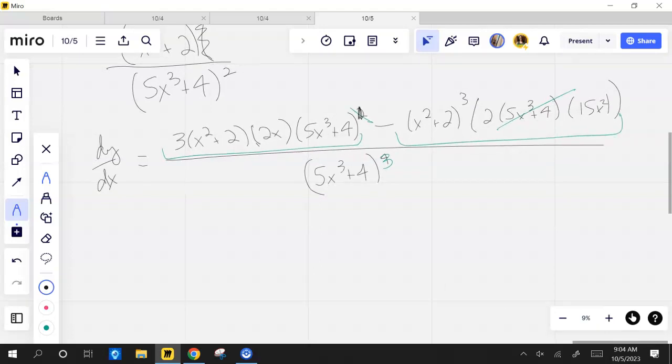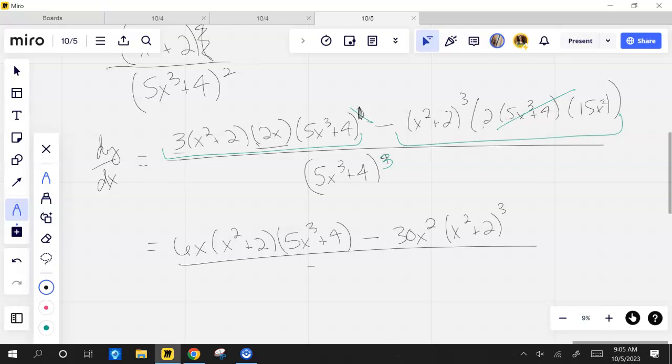No, just took out 1. There was 2. I took 1 away, it left 1. So now I've got 6x, I've got x squared plus 2, and I've got that 1, 5x cubed plus 4. Minus 30x squared, x squared plus 2 cubed. That's it, right? Over 5x cubed plus 4 cubed. I would probably stop right there.